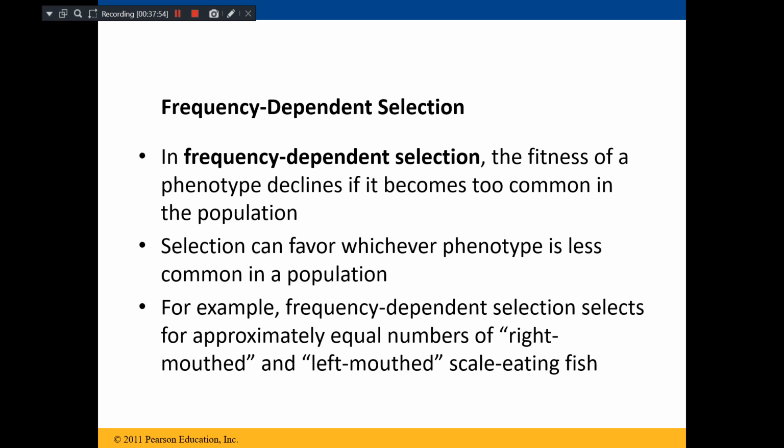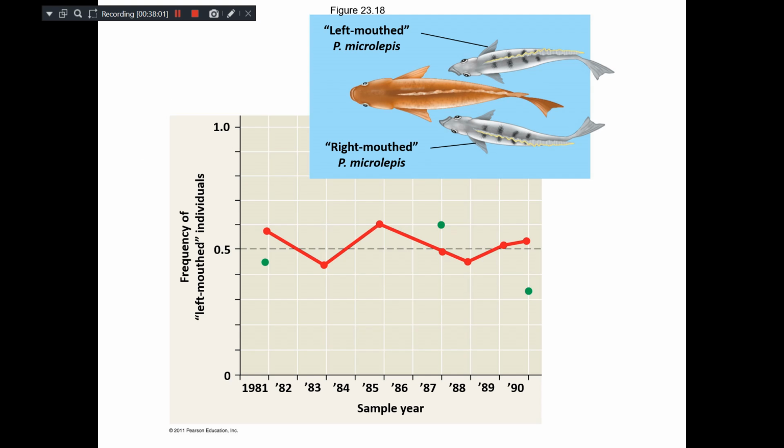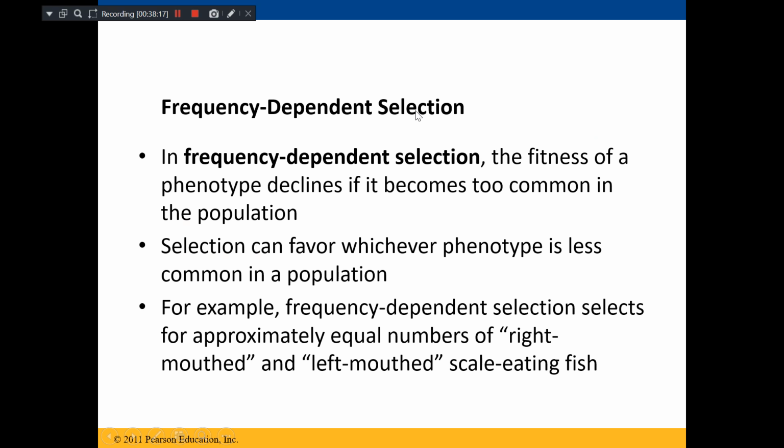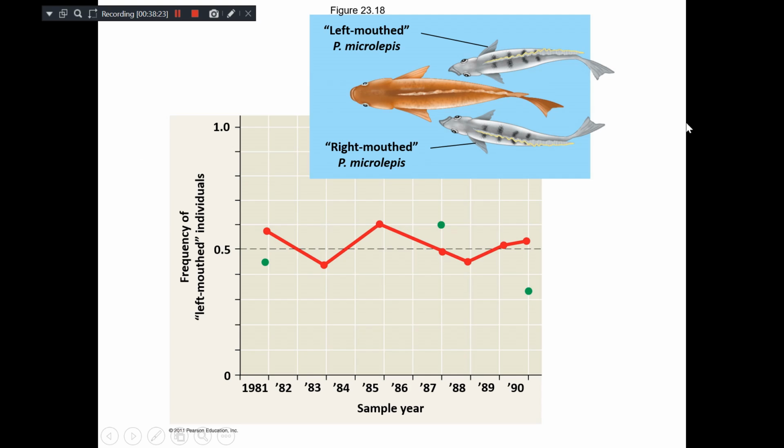Frequency dependent selection selects approximately equal numbers of right mouth and left mouth scale eating fishes. See, the frequency of one particular fish, that is the scale eating fish, what we call.